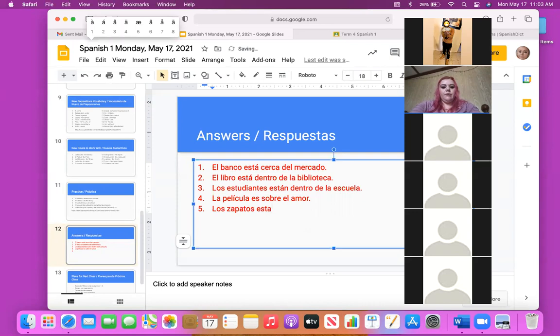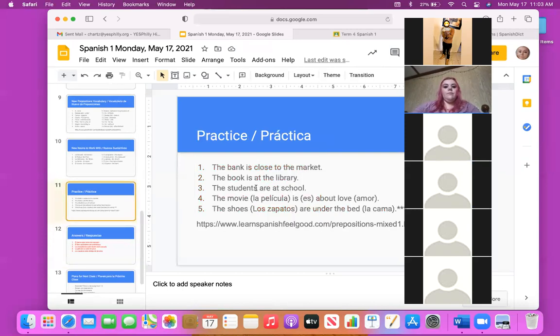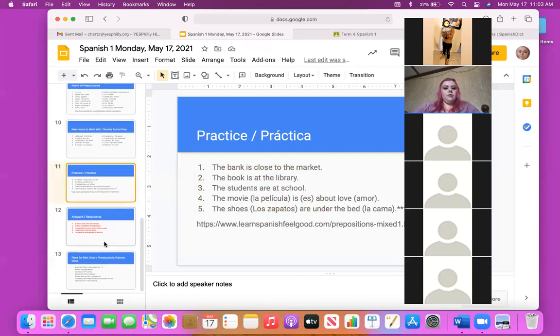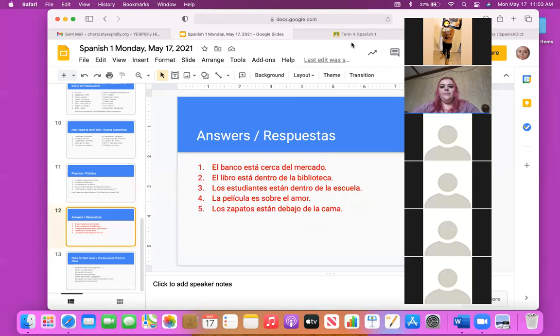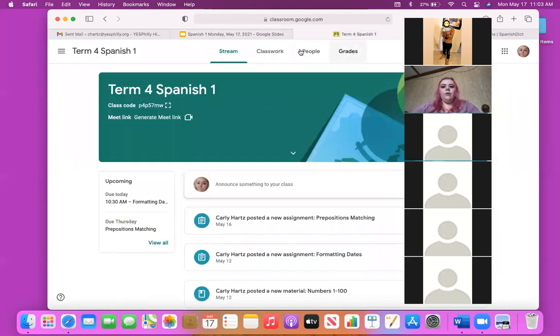Remember we're going to use estar, right? Están debajo de la cama. Los zapatos están debajo de la cama. Right? Yep, that's correct. So does anybody have any questions on this? Okay. So we'll go over the homework now.